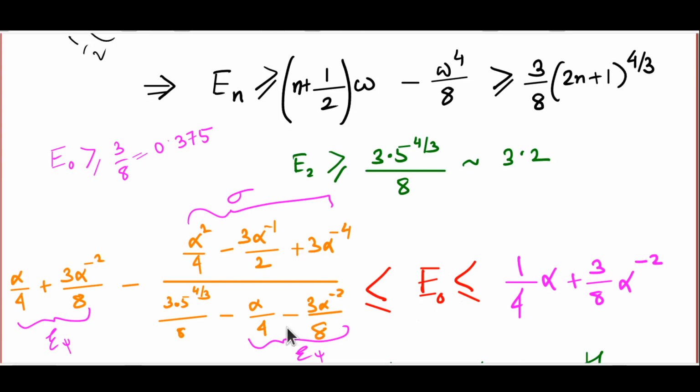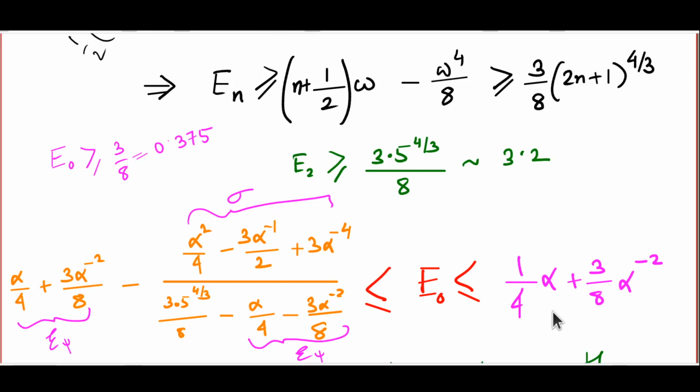On the other side, what we could do is choose a different value of alpha to make this expression as large as possible. Since E0 has to be bigger than this for all values of alpha and smaller than this for all values of alpha, choosing alpha differently for the two expressions is perfectly fine. It just helps us to tighten the bound on E0 a lot more.